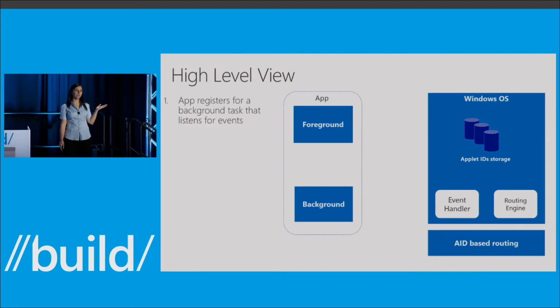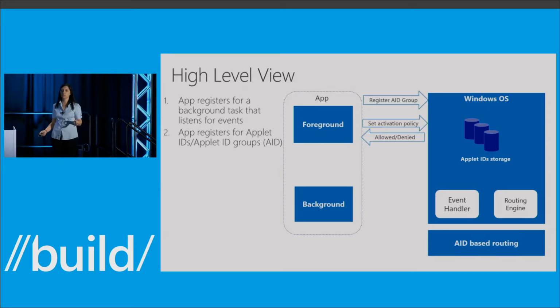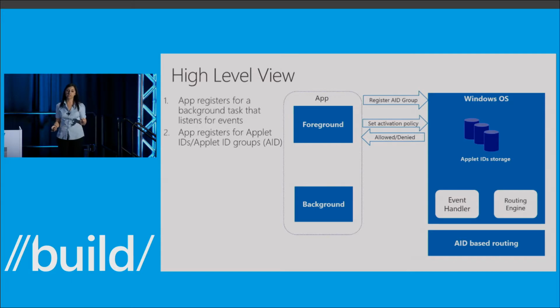Your application is a universal Windows platform application, and it needs to consist of 2 parts, the foreground app and the background task. I'm going to go through that in the next slides. Your foreground app has the UI. It also registers for the applet IDs, applet identifiers, called AIDs.